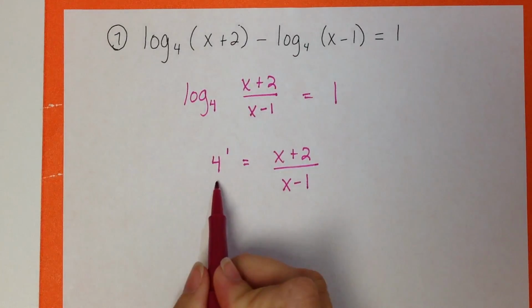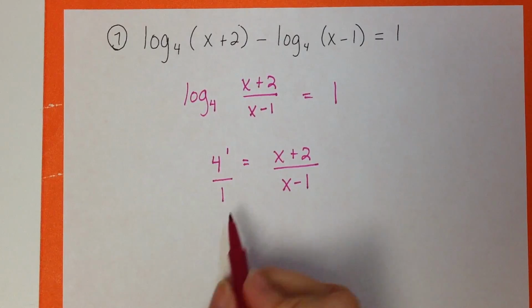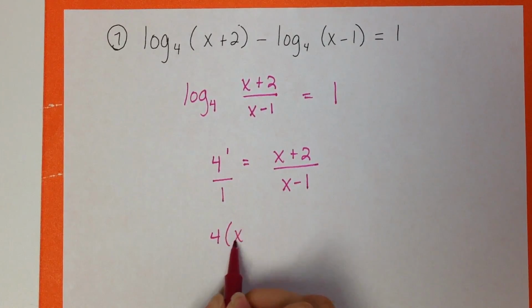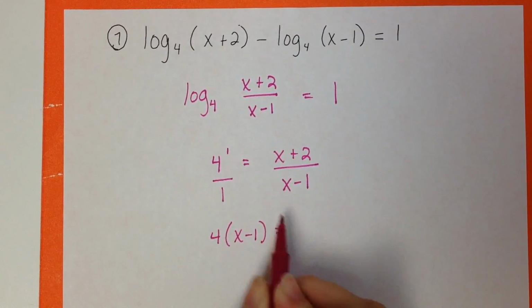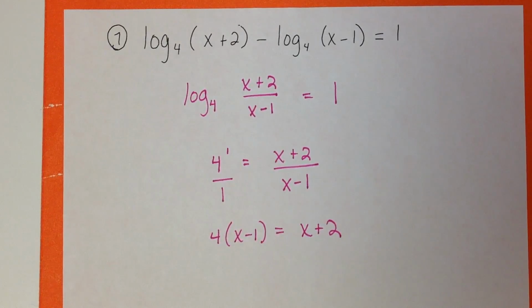Now to solve this one, you can just use cross multiplication. So 4 times the x minus 1. Of course, 1 times x plus 2 would just give us x plus 2. Alright, distribute your 4. Now, I don't have a quadratic equation this time like I have on a few of the previous problems.